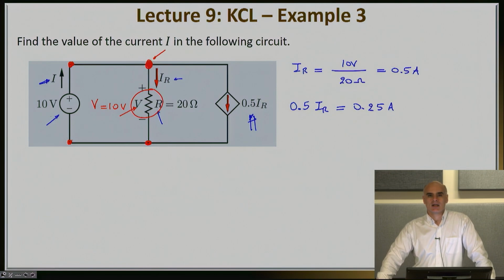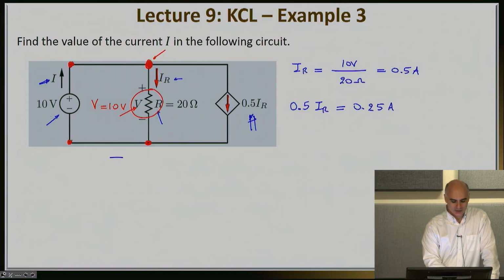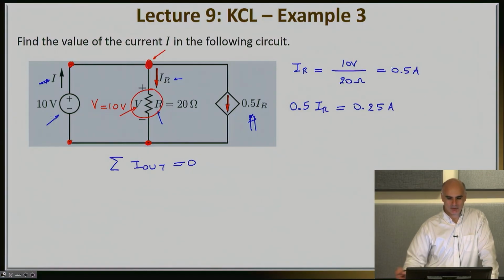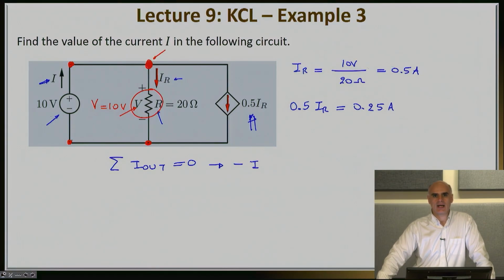Once again, I urge you to apply KCL consistently every time, which says that the total amount of current that flows out of that node must be equal to 0. So I will have negative I, because I is flowing into the node, and therefore negative I flows out of it.